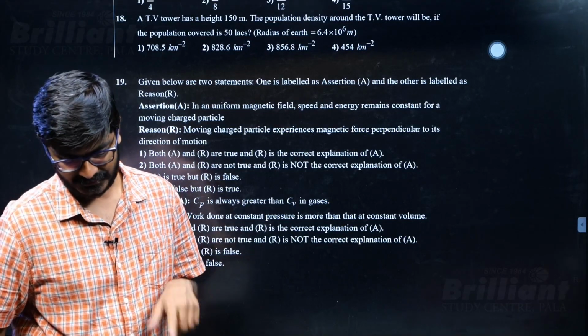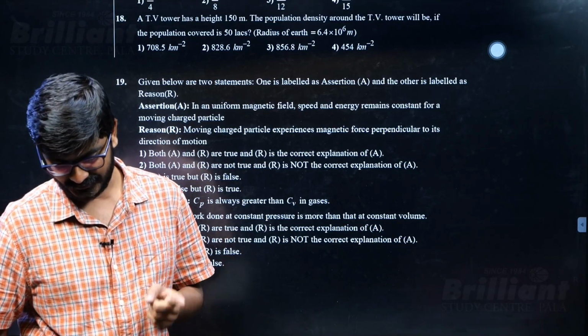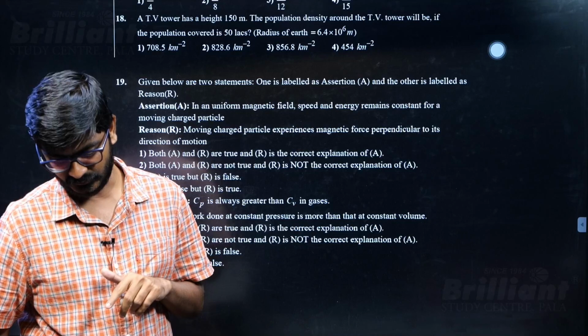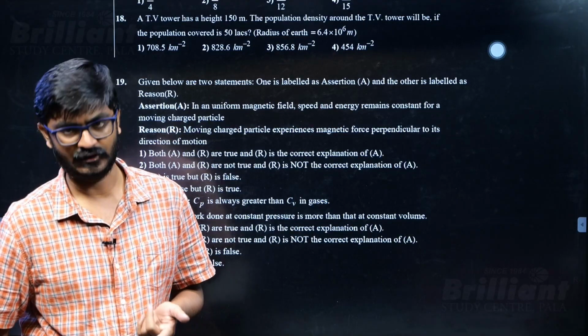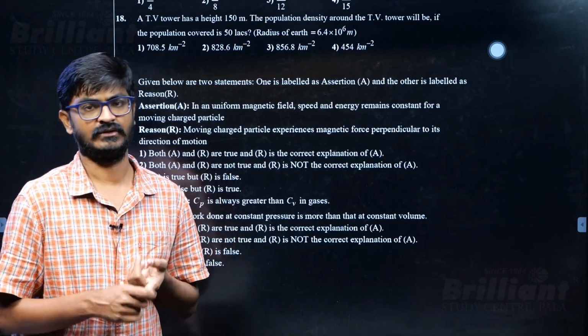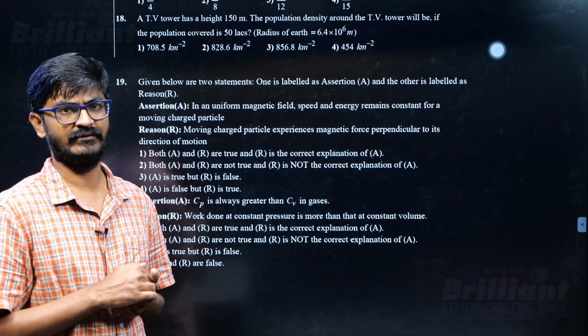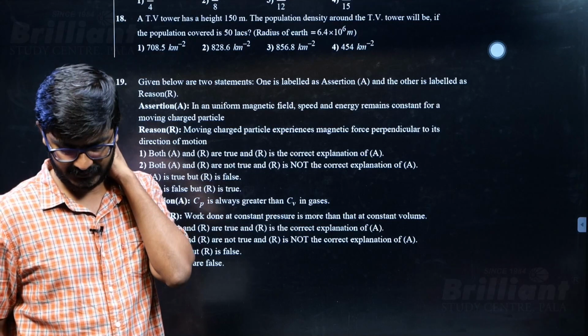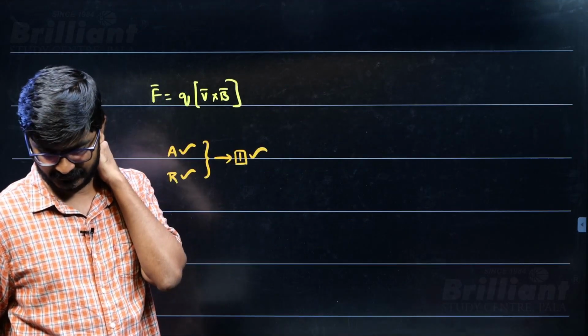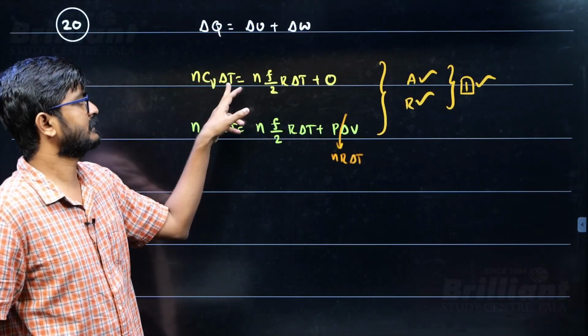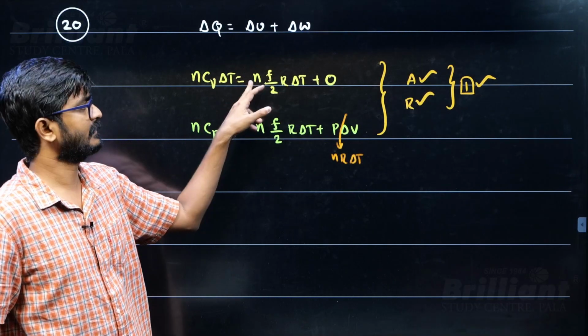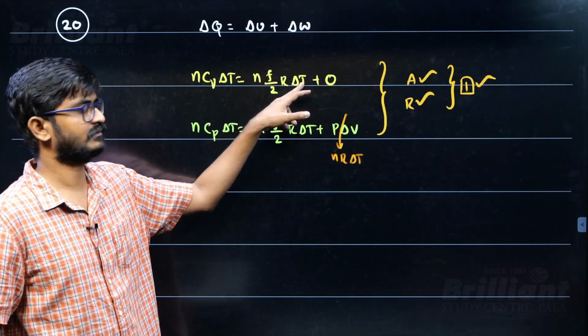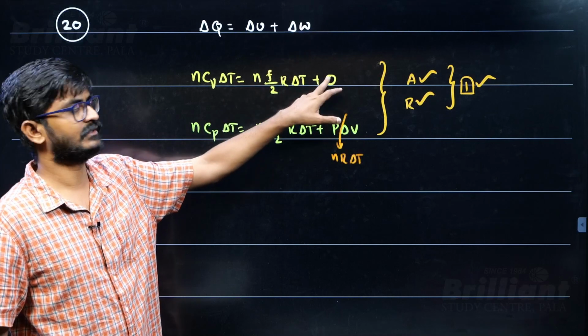Cp is always greater than Cv in gases. Yes, work done at constant pressure is more than work done at constant volume. At constant volume, work done is 0. At constant pressure, work done is integral P dV, which is P delta V. Yes, that is correct. So assertion is correct, reason is correct, but is that the correct explanation? For isochoric process, delta Q is nCv delta T. Delta U is always n into f by 2 R into delta T. Work done is 0 in isochoric process.